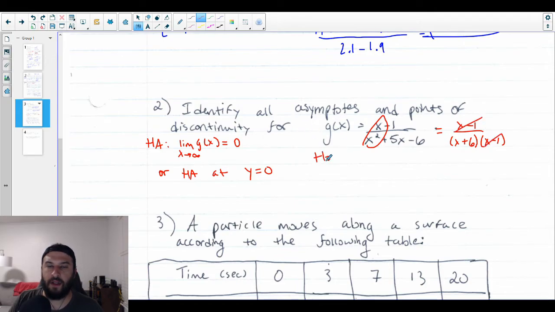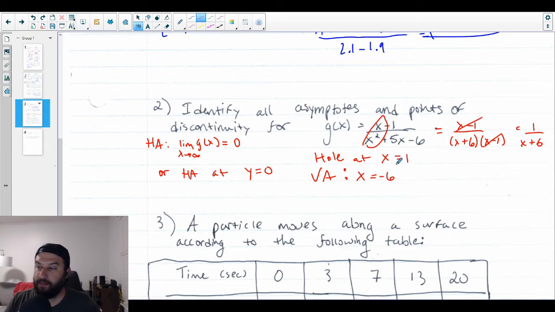That tells us that there is a hole at x equals 1, because that would make that factor 0. Vertical asymptote, well, all that's left over is x plus 6. So our vertical asymptote, if we plugged in negative 6, we'd get division by 0. So there's our vertical asymptote. That's it. You're done. That's all you got to do.